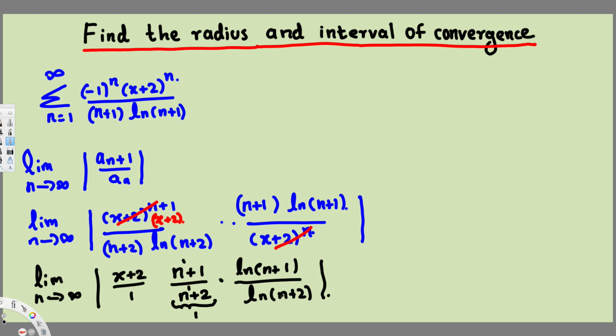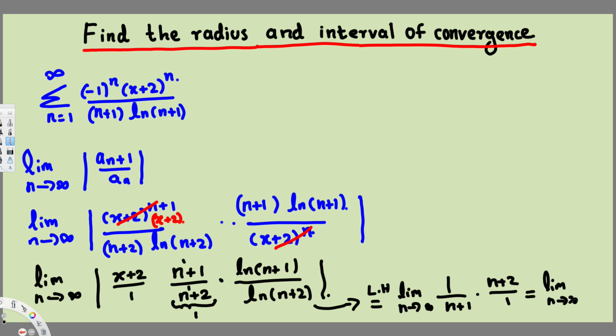Here we have to use L'Hopital's rule. So if we apply L'Hopital's rule, the limit as n approaches infinity, the derivative of the numerator is going to be 1 over n plus 1, and the derivative of the denominator is going to be 1 over n plus 2. So when I divide this by this, that's the same as multiplying by the reciprocal, so that's going to be n plus 2 over n plus 1.